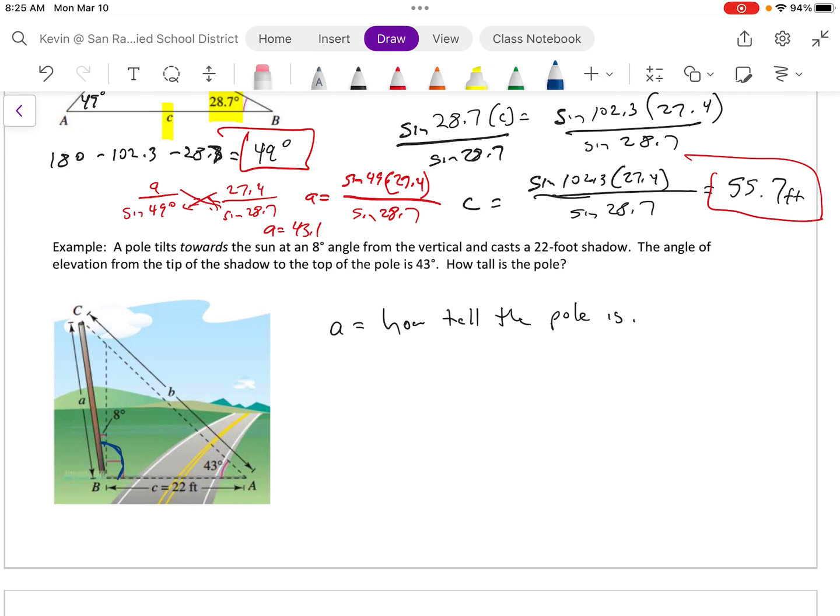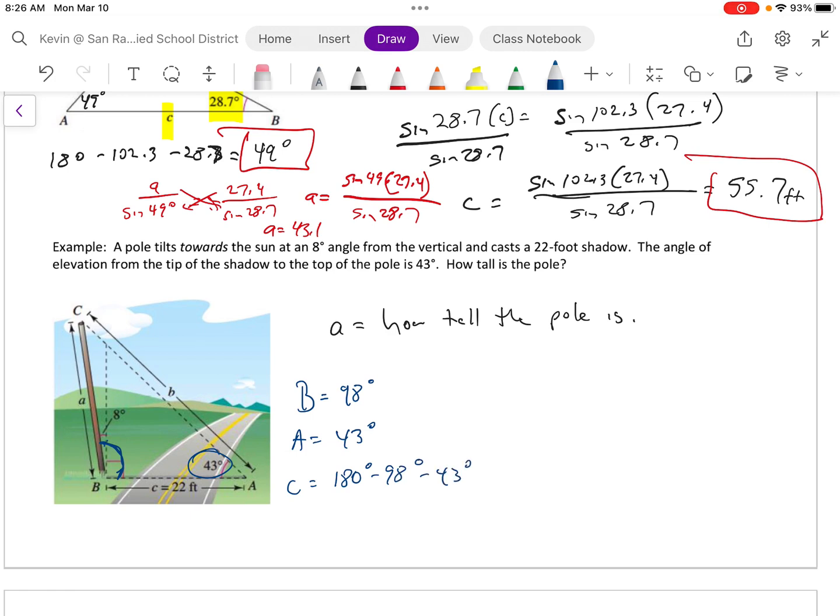And what are you given? Well, we know that this angle here, I'll come in here with blue, this angle B is going to be 90 plus 8 degrees. So angle B is 98 degrees. Right? And we know that angle A is 43, because it's given.